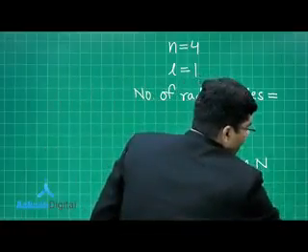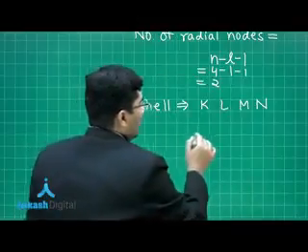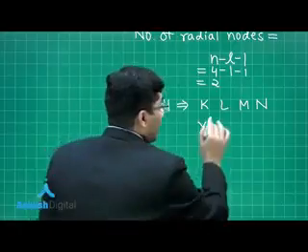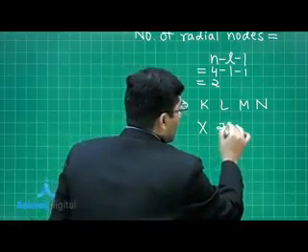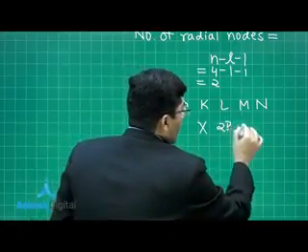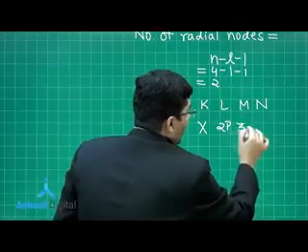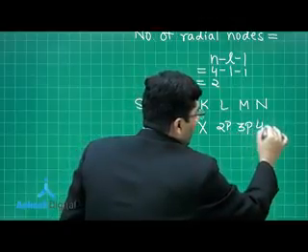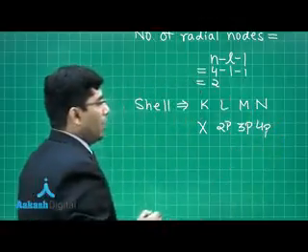In the K shell, no p orbital is present. In the L shell there is 2p, there is 3p in the M shell, and 4p in the N shell.